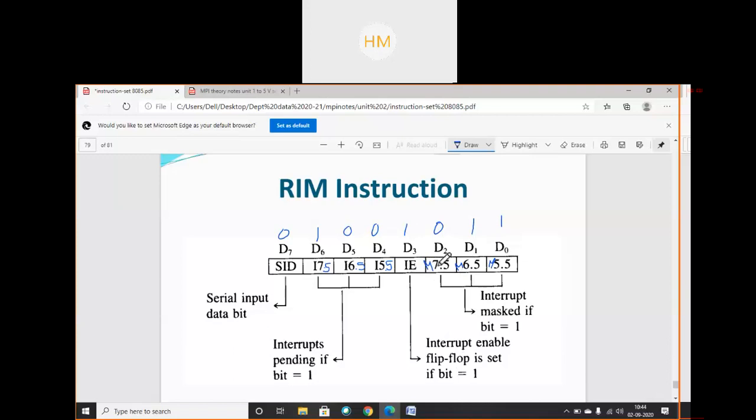So whatever bits are set or reset over here, that doesn't make any difference. Then the I bits mean interrupts 7.5, 6.5, 5.5 are pending. It will tell you the status of pending interrupts.